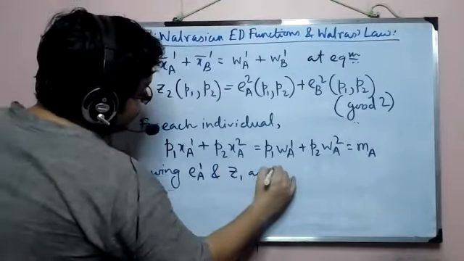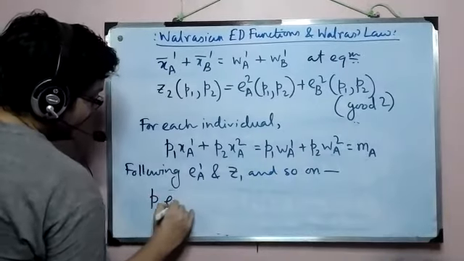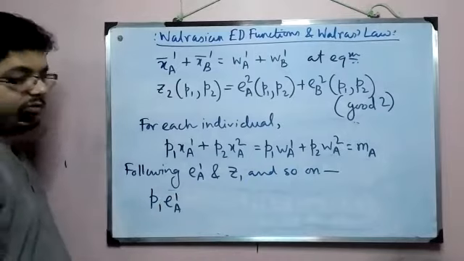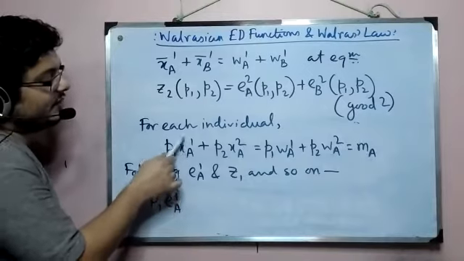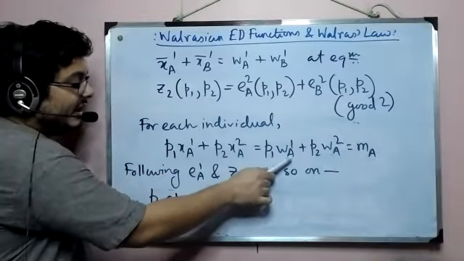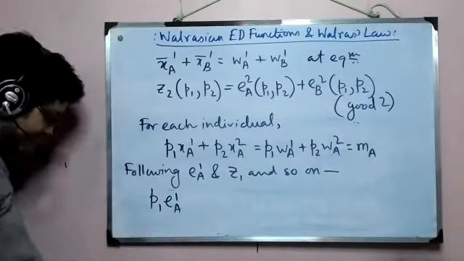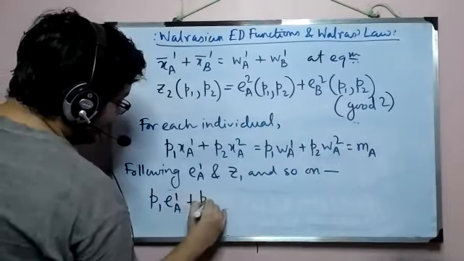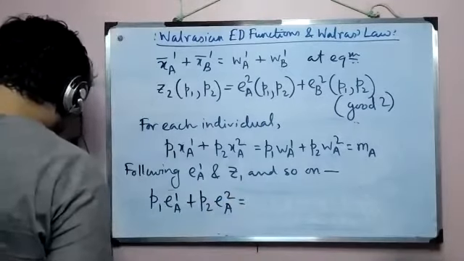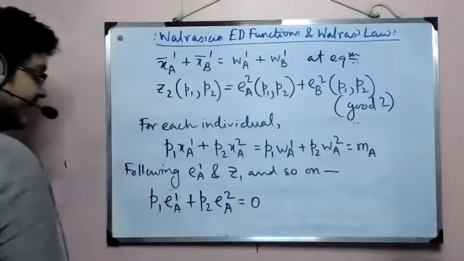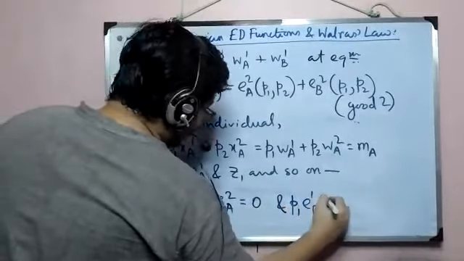Okay, we can write this. So what are we doing here? We are taking this WA1 to this side. So it will be XA1 minus WA1, right? And we are replacing it by EA1, which we have defined earlier. So if I write like this, then this becomes 0, right? And similarly, you will have for individual B also.